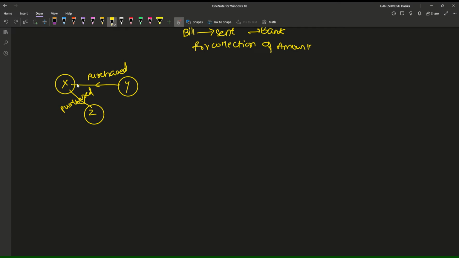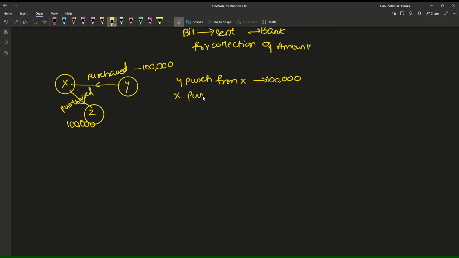So let us suppose Y purchased from X for rupees 1 lakh and Z sold to X for rupees 1 lakh. That means X made a purchase. Let me write it clearly. Y purchased from X for rupees 1 lakh.